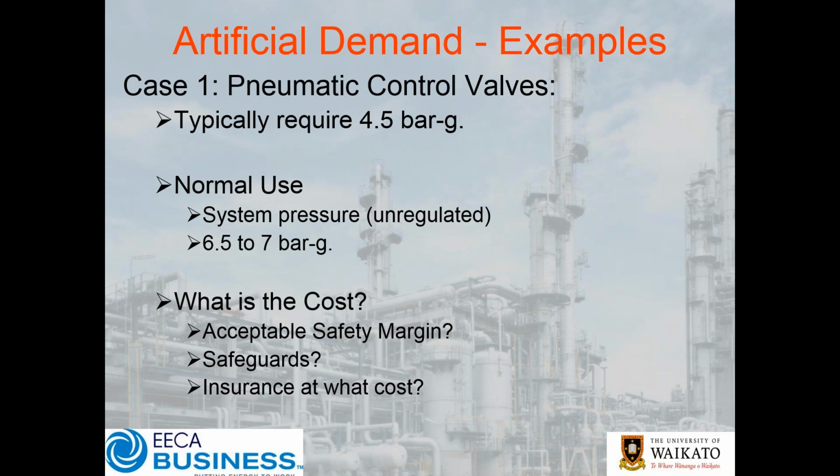Now if you're running a 6.5 to 7 bar gauge system and you're not regulating that pressure supplied to the control valves, every time that valve is actuating, you're filling that volume of whatever cylinder or actuator is being operated with 6.5 or 7 bar instead of 4.5 bar air.